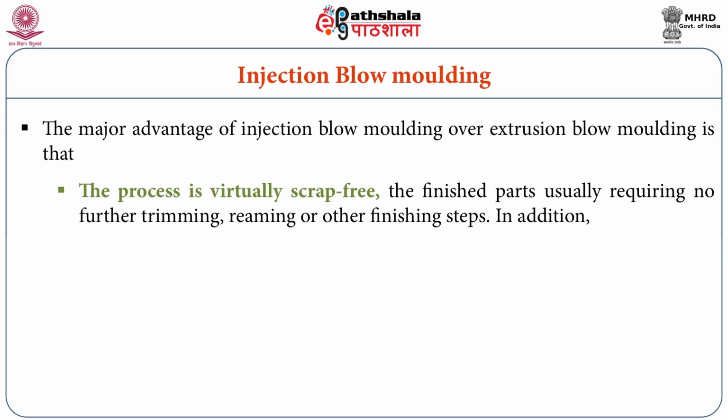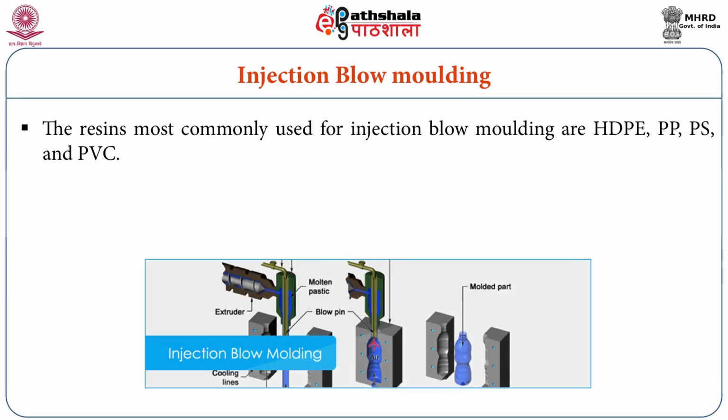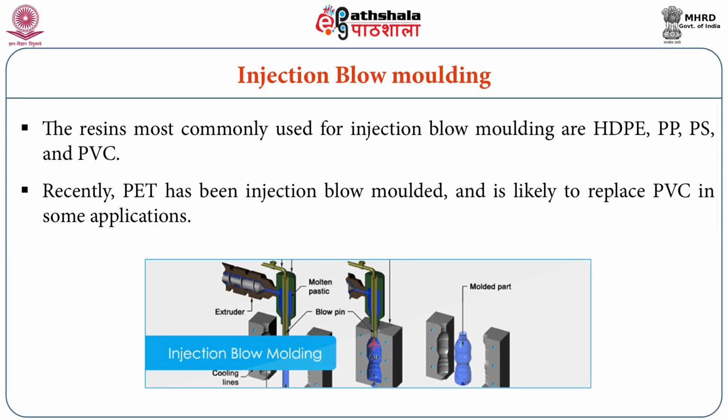In addition, the dimensions of bottles show very slight variation from bottle to bottle, and with some materials improved strength and clarity are attained due to the effect of limited degree of biaxial orientation. The resins most commonly used for injection blow molding are HDPE, PP, PS and PVC. Recently, PET has been injection blow molded and is likely to replace PVC in some applications.